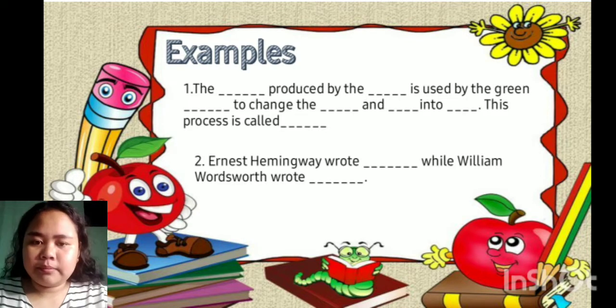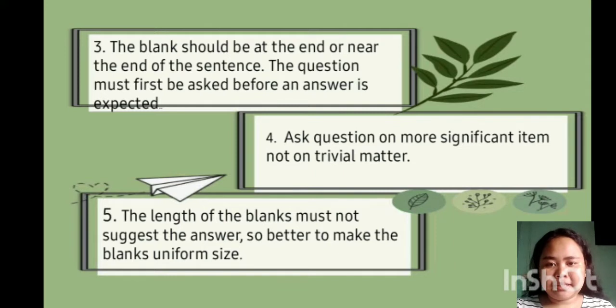Guideline number 3: the blank should be at the end or near the end of the sentence. The question should be asked before the answer is expected. Like the matching type of test, the stem where the question is packed must be in the first column.